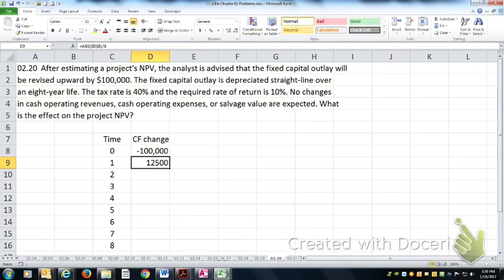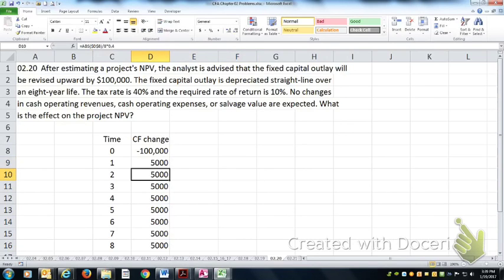Now, that's not a cash flow, but I'm going to save 40 cents on the dollar for my income taxes. So 40% of the additional $12,500 of depreciation would give me a tax savings of $5,000 a year for the 8 years.